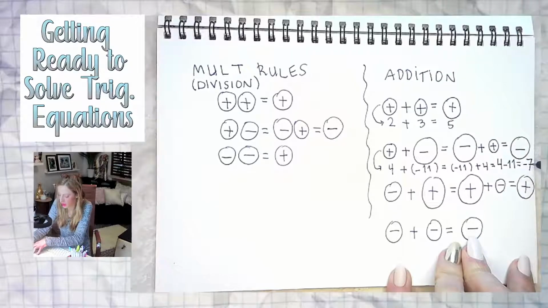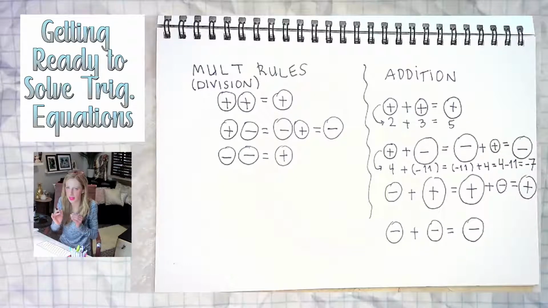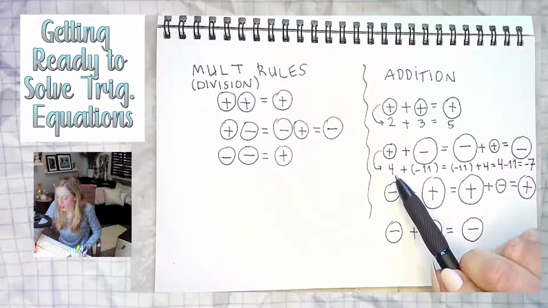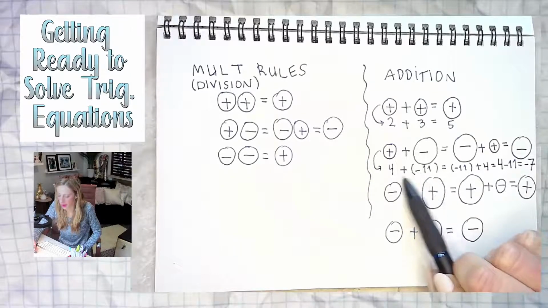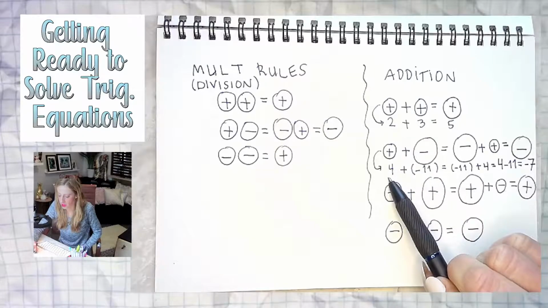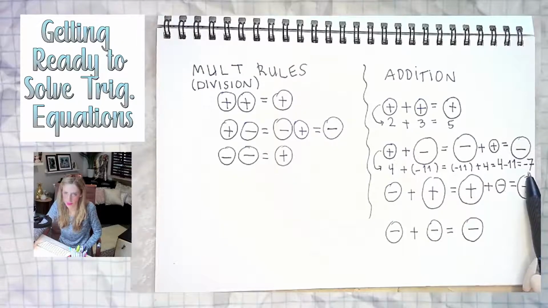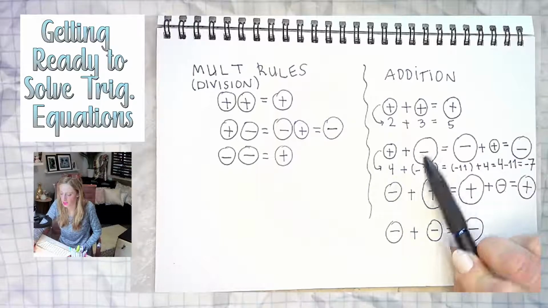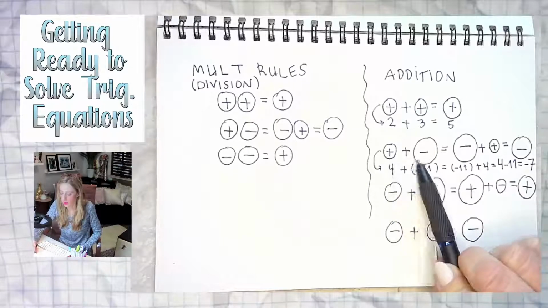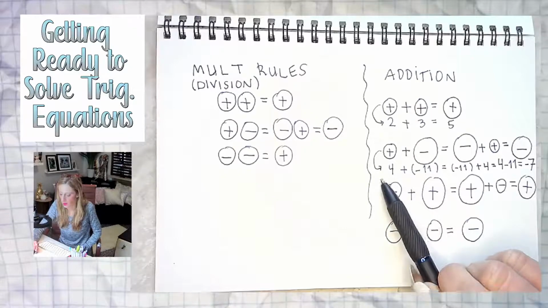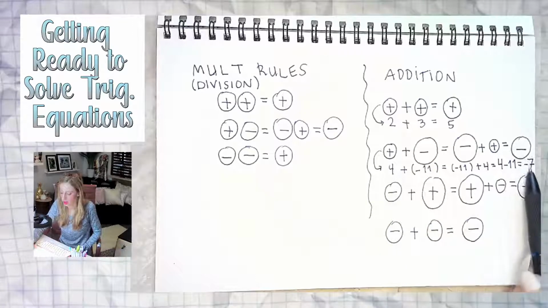So this is where we need to be careful because this is where people make mistakes. So I have 4 and I have negative 11. I'm mixing ingredients. I'm mixing sugar and I'm mixing salt. And I have more salt. So my answer is going to be salty. Sugar is the plus, salt is the minus. I'm adding them up in a cup, mixing them up in a cup, the mixture is going to be saltier than it is sweet.